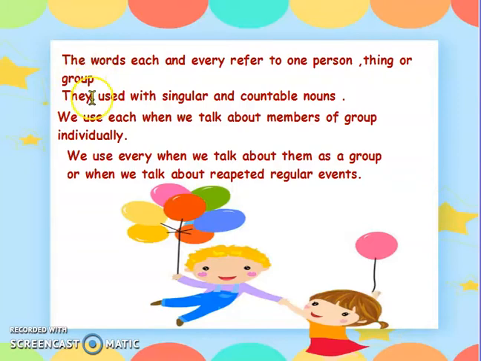Okay? But they are used with singular and countable nouns. الأسماء المعدودة اللي هي نستطيع عدها. 1, a door, 2 doors, for example.